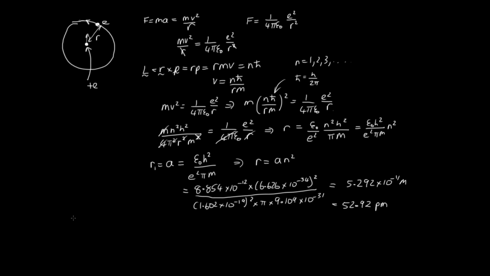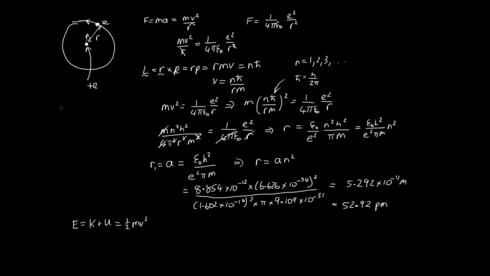So we know that the energy of the electron is equal to the kinetic energy plus the potential energy, and the kinetic energy is given by a half mv squared. For the potential, the force we're considering is the Coulomb force, the electrostatic force.